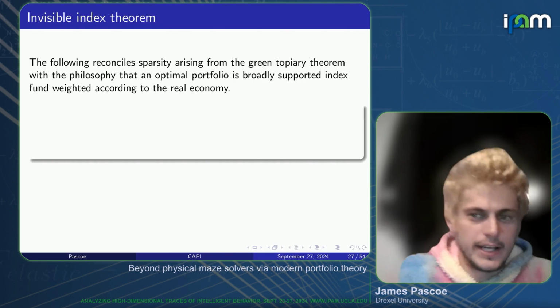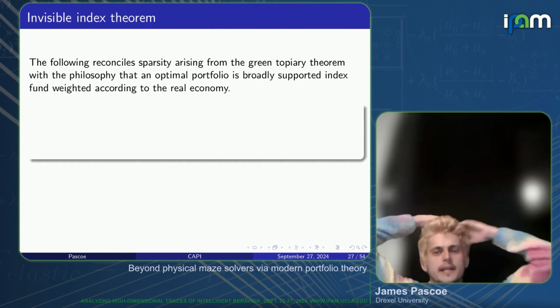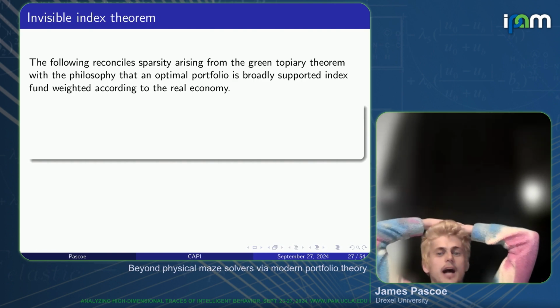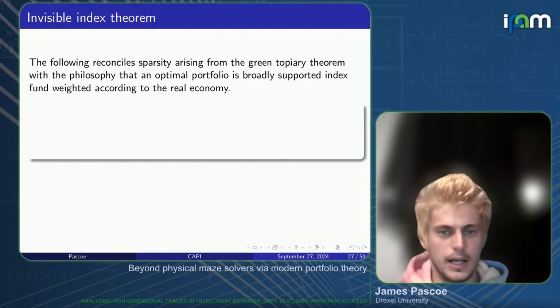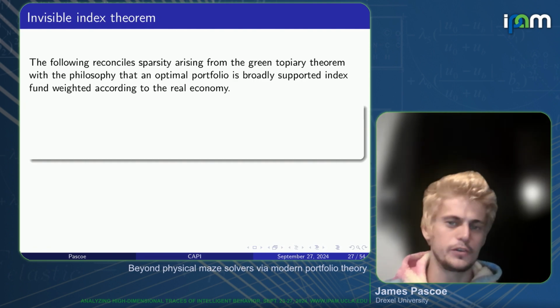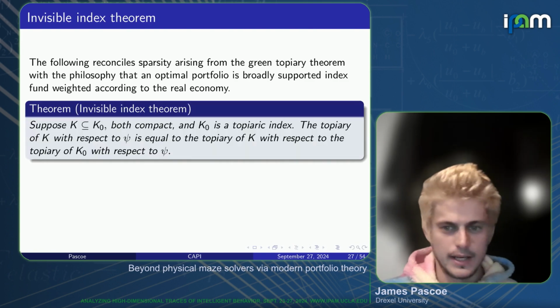So what I want to talk about is the theory I mentioned earlier that an optimal portfolio is a broadly supported index fund weighted according to the real economy, like, for example, Vanguard or these Bogleheads type people. Whereas you have people like Warren Buffett who think, no, I should pick some really small set of things and really investigate them.